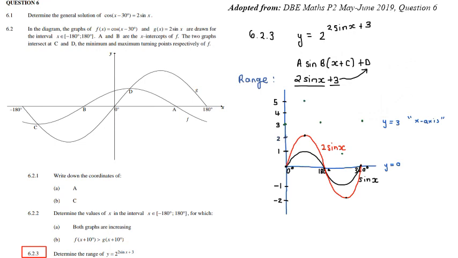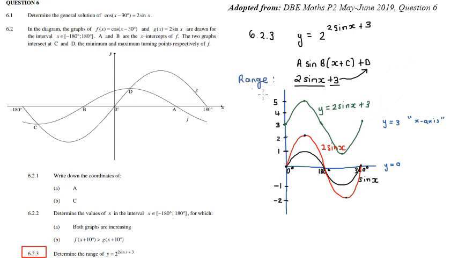So if we are to connect this graph, we know that we'd go upwards, come back down and have an x-intercept in inverted commas, and then back up again. So this graph in green, this is y is equals to 2 sine of x plus 3.